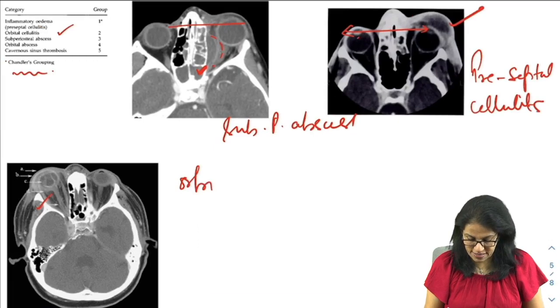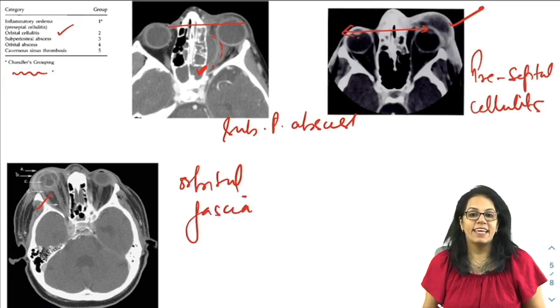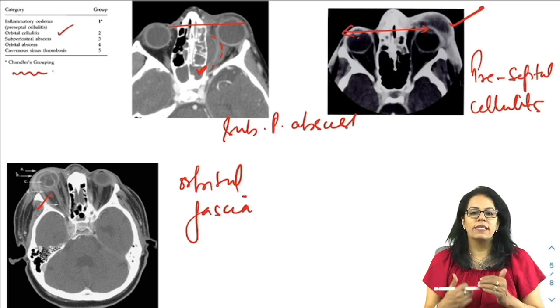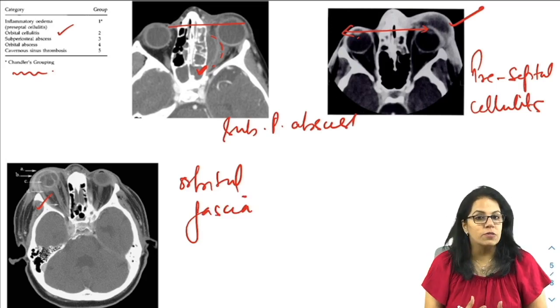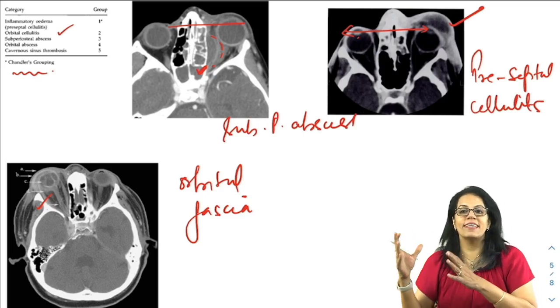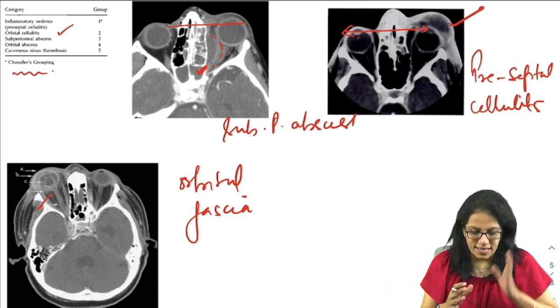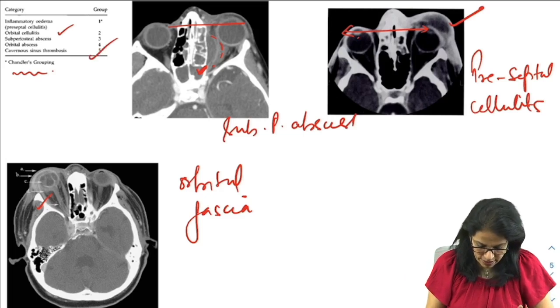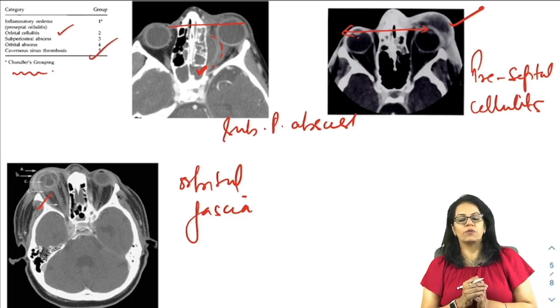So you have to be a little bit alert here. What is the image given? Any orbital inflammation has to have a little proptosis, and you also know that orbital cellulitis is an emergency because of the risk of causing cavernous sinus thrombosis. So this is group 5 of Chandler's grouping, cavernous sinus.